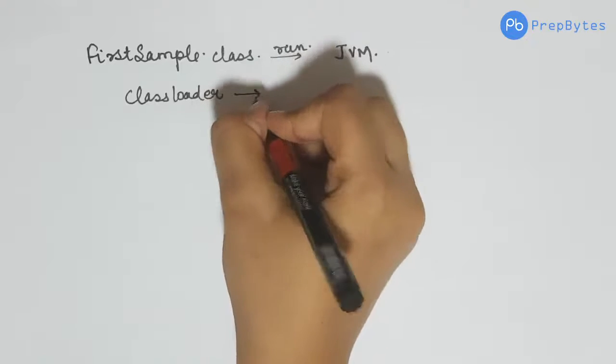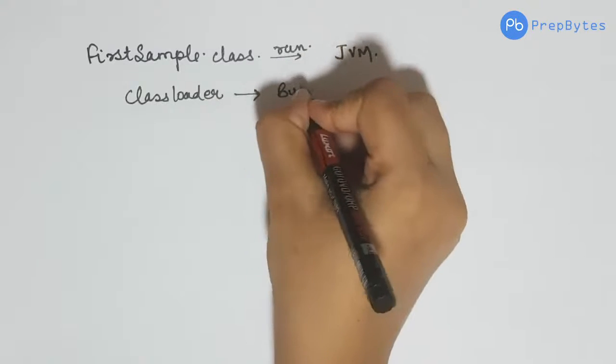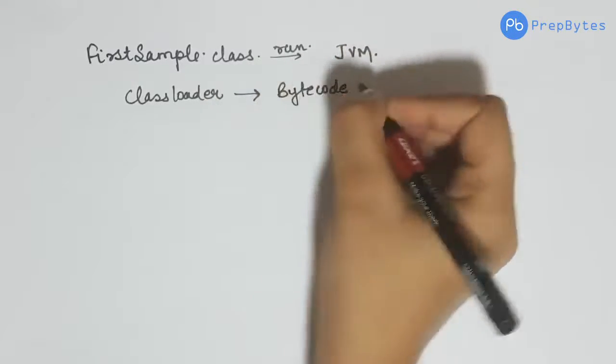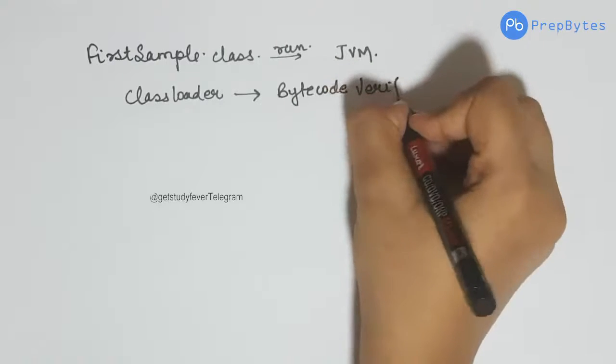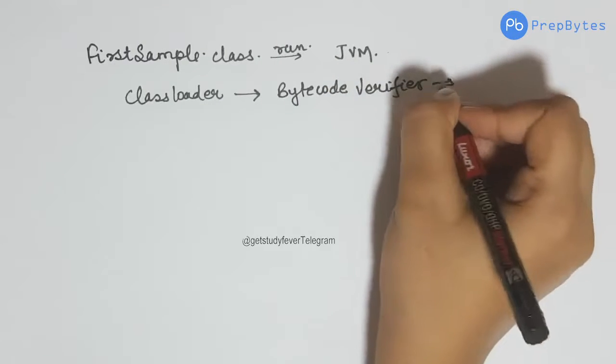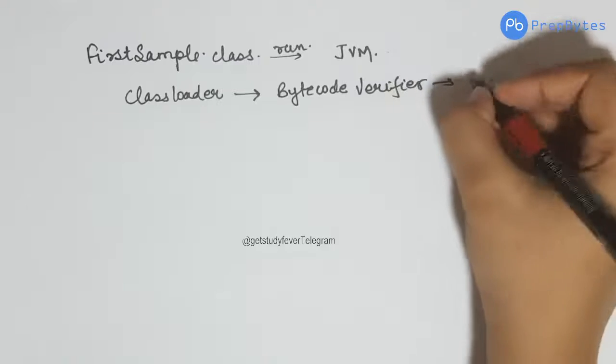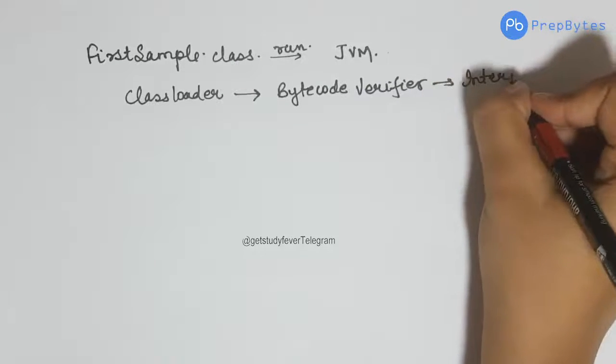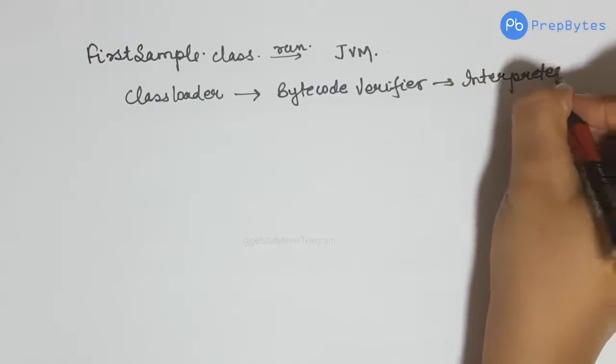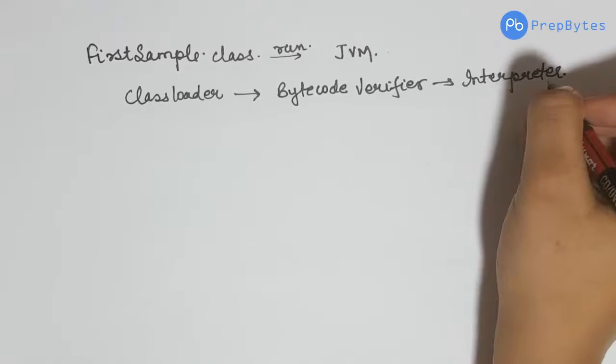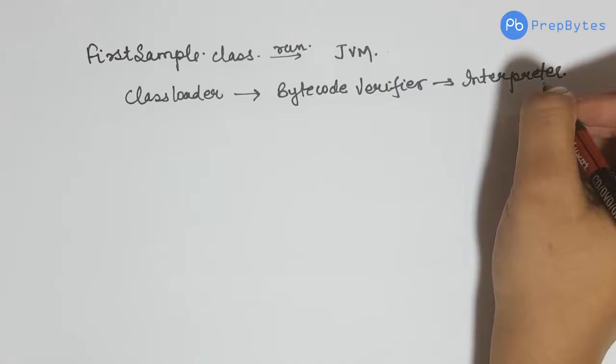And after this file is loaded, we have a bytecode verifier which verifies the bytecode. So after the bytecode is verified, we have the interpreter. We know that after compilation, the source code is converted into machine level code, and then that machine level code is executed.